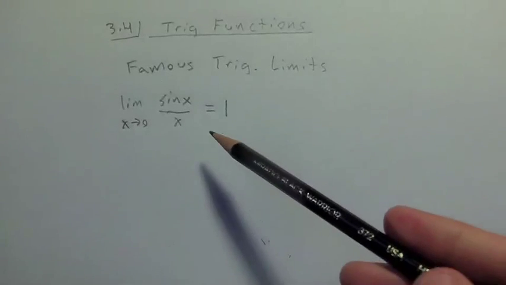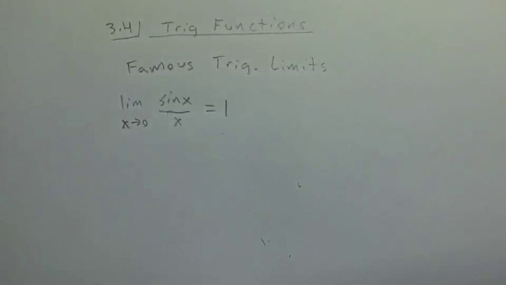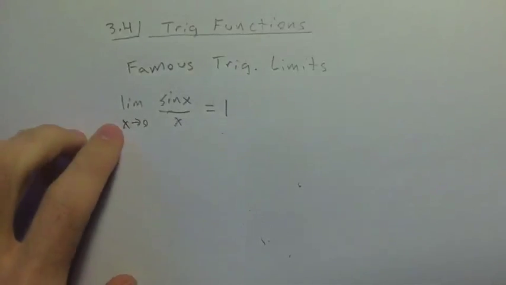The explanation of why sine x over x is equal to 1 is a little complicated. It takes a long time. It's not really worth the time, I think, in class. For those of you who are interested, you can feel free to come talk to me. And I believe there's a proof in your book to show why this is true.